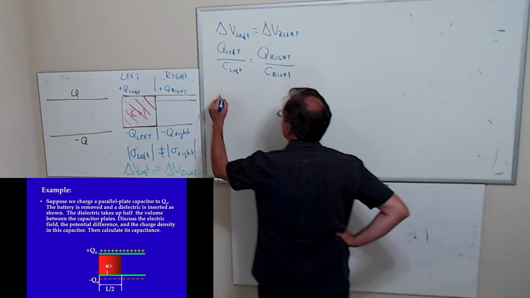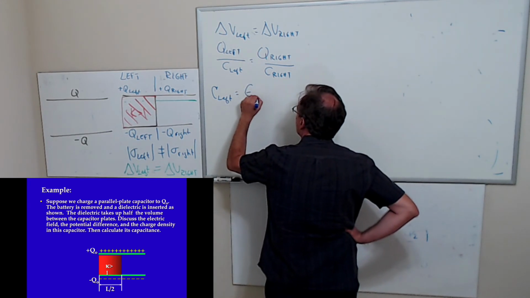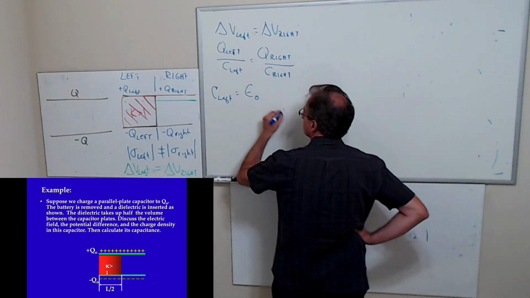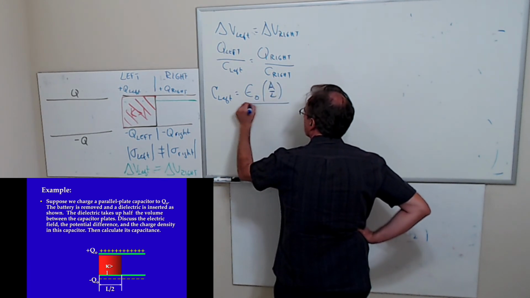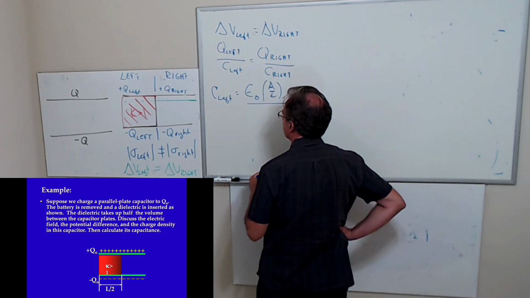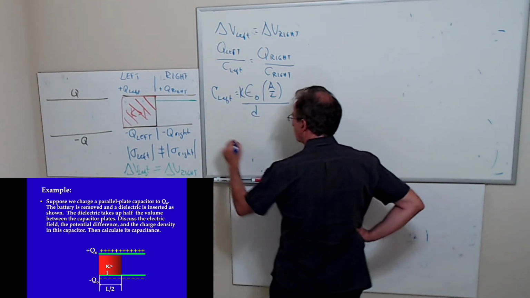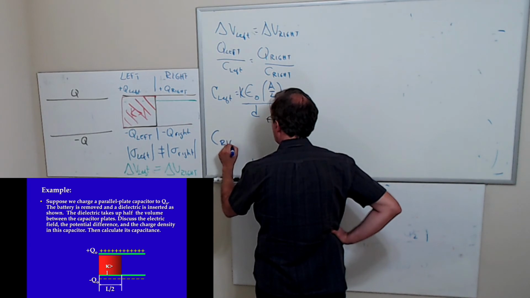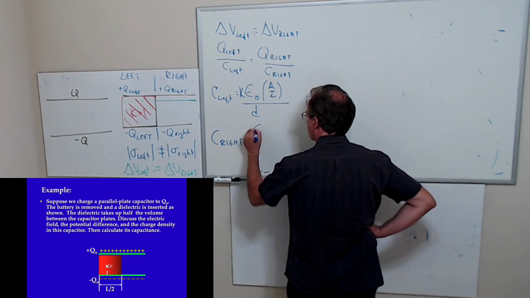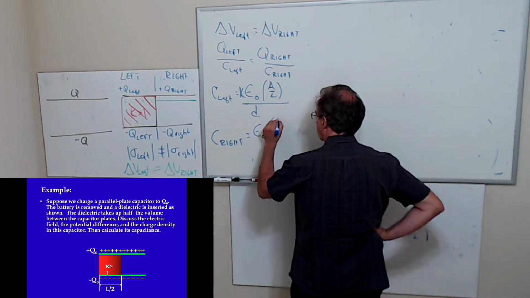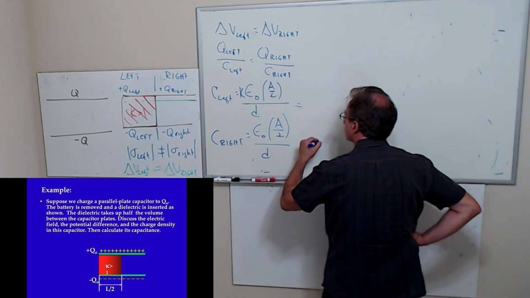But I can figure out C left, because that's going to be epsilon naught, half the area, divided by D over kappa, that is, kappa epsilon naught A over 2D. C right is going to be epsilon naught A over 2D. So let me rewrite this.